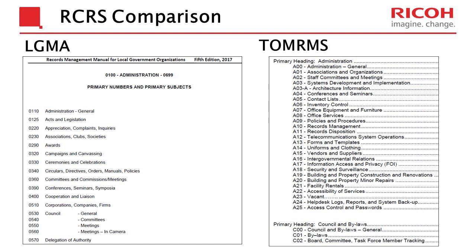Even the way it's organized is different: in TOMRMS you have a section called administration, then the second section down here is council and bylaws, whereas in the LGMA, council is part of the administration section. But for the purposes of organizing files, that's still okay, as long as the subject matter is identified and defined. Because if it is identified and defined, then we can use it. And that's what we want, because that's how we're going to group our files.